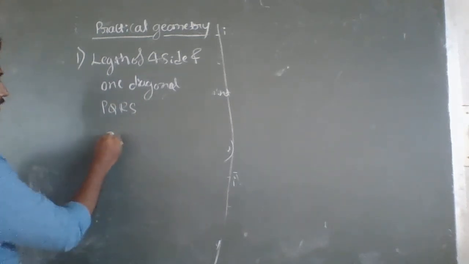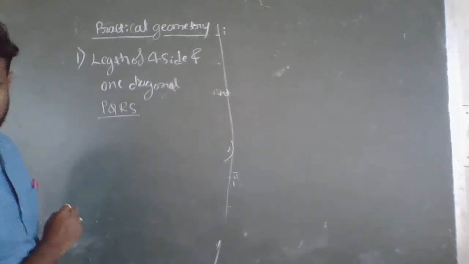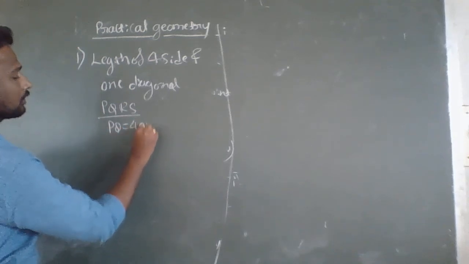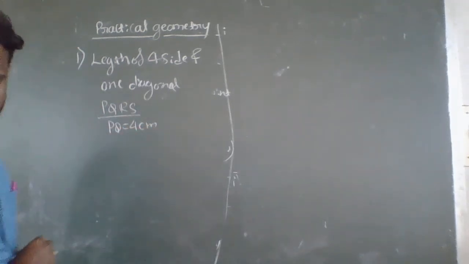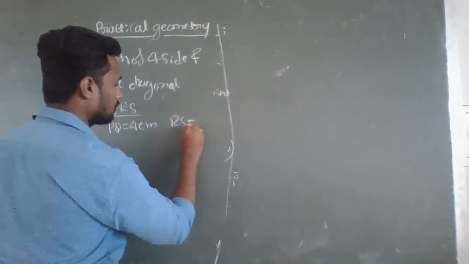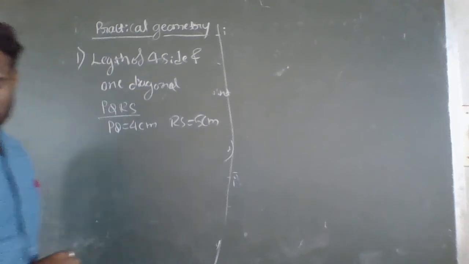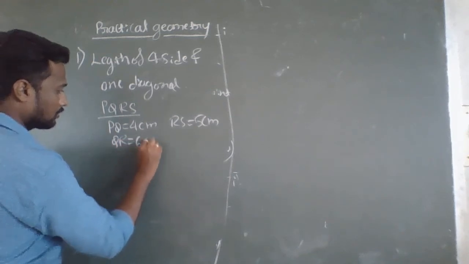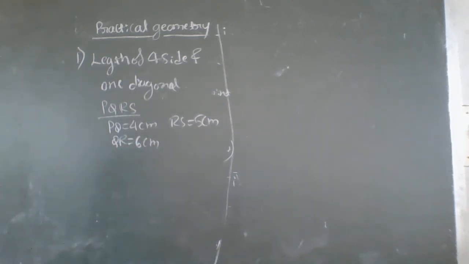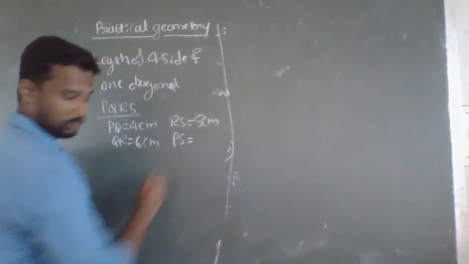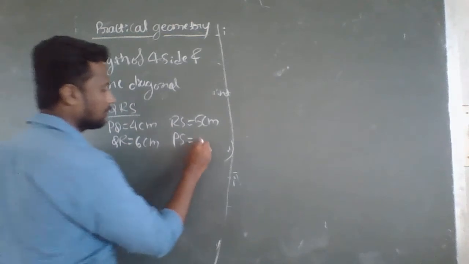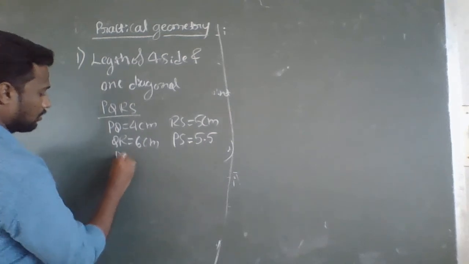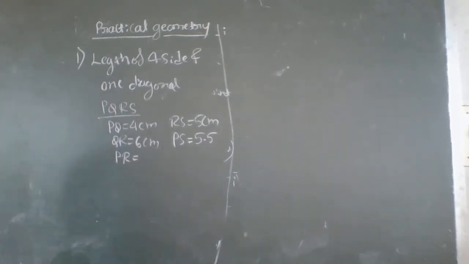Then they have given that PQ is equal to 4 centimeters, RS is 5 centimeters, QR is 6 centimeters, PS is equal to 5.5 centimeters, and PR is equal to 7 centimeters.